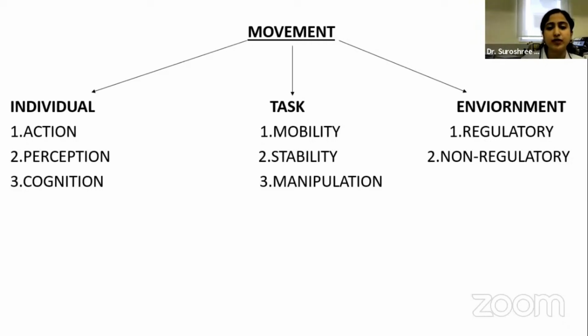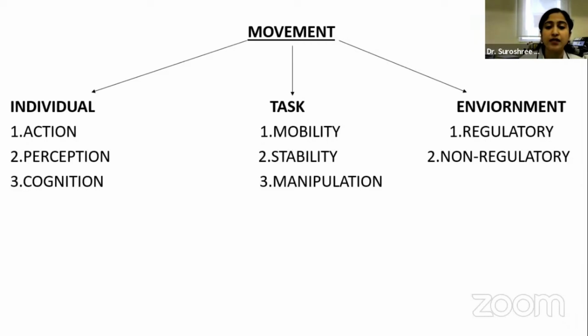The perception system deals with the sensory aspect. If I'm not able to perceive, if I have some sensory issues, mainly proprioceptive issues, if I don't know where my joint is in space, I will not be able to do a particular movement. For example, if we see children who are having some sensory issues, their strength and their range, everything will be fine, but they are not able to perceive where they are in space, or they are not able to perceive what action they need to do, which leads to movement impairment.